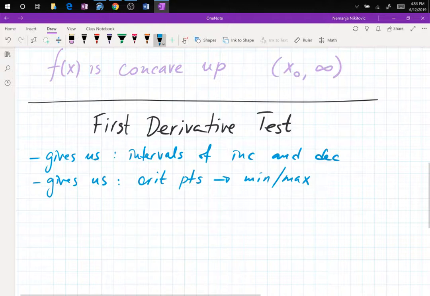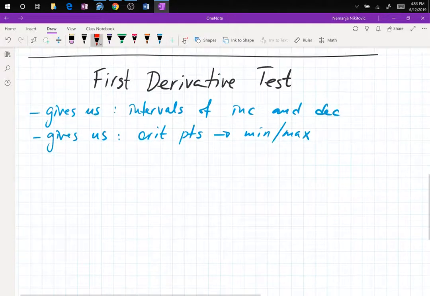There's lag. Now, what is the statement for the first derivative test? Call the first derivative test FDT, right? So abbreviate FDT.